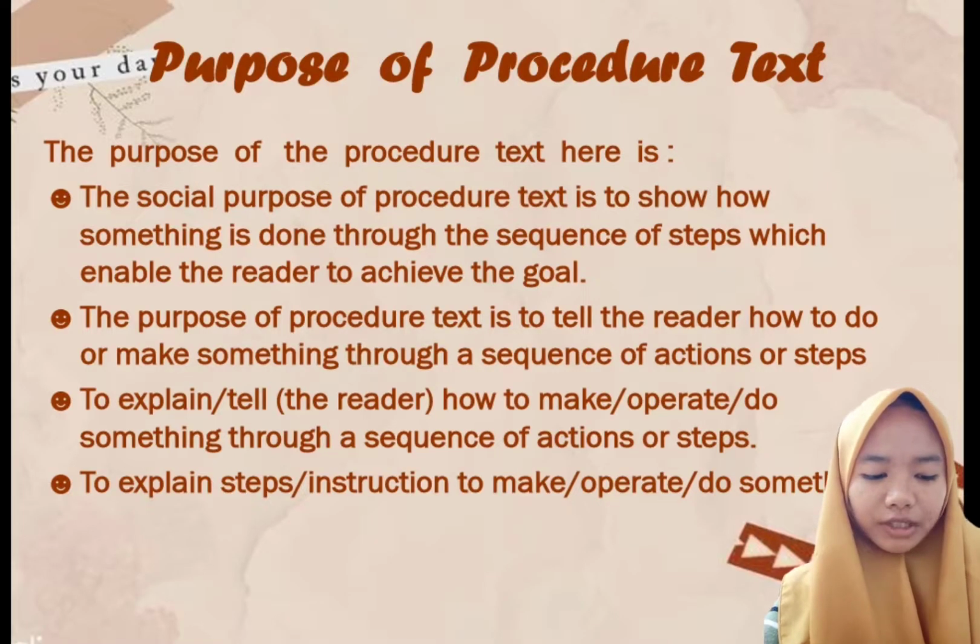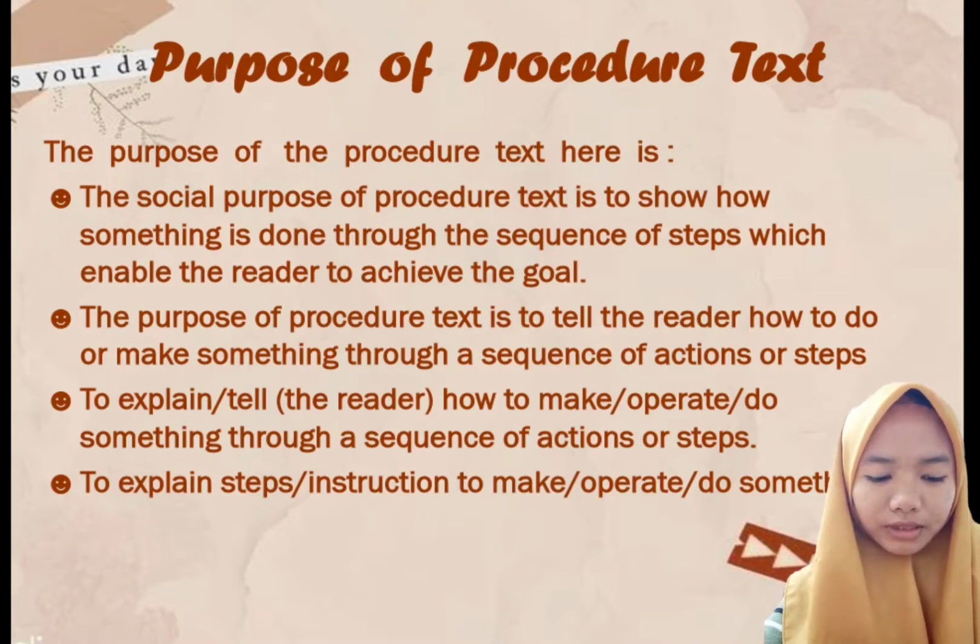Purpose of procedure text. The purpose of the procedure text is: 1. The social purpose of procedure text is to show how something is done through a sequence of steps which enable the reader to achieve the goal. 2.